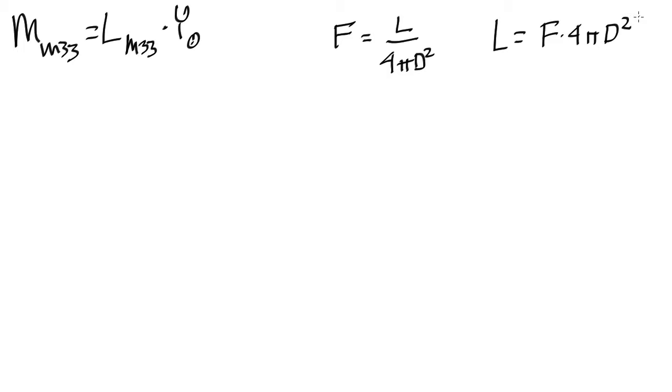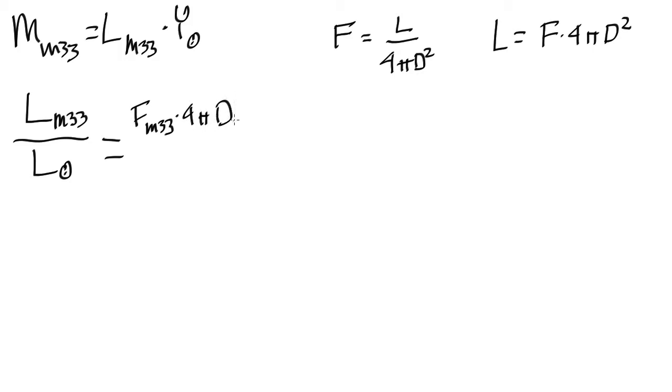So to make things easier for us, and so we don't have to put in the horrifically large numbers which are in astronomy, let's do a ratio compared to the sun, so that we can make the calculation easier. So imagine I want to say, what is the luminosity of M33 divided by the luminosity of the sun? Well, from up here, we know we have the flux of M33 times 4 pi times the distance to M33 squared.